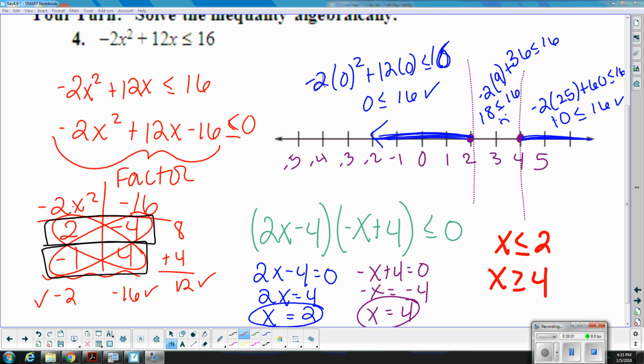Those 2 critical x values divide your line into 3 segments. You want to test a number in each of those segments to see whether or not it's a solution. If it is a solution, that segment gets shaded. If it's not a solution, then that segment does not get shaded. So in this case, you end up with x is less than or equal to 2, or x is greater than or equal to 4.